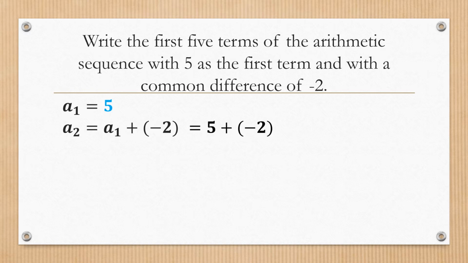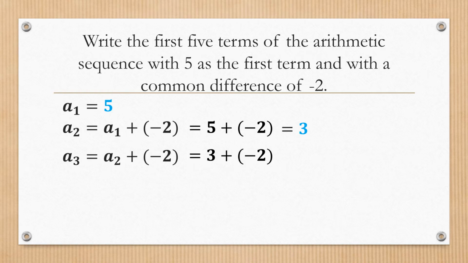So we have now 5 plus -2, so the second term is equal to 3. For the third term, we use a sub 2 plus the common difference, which is -2. So we have 3 plus -2, and that is equal to 1.